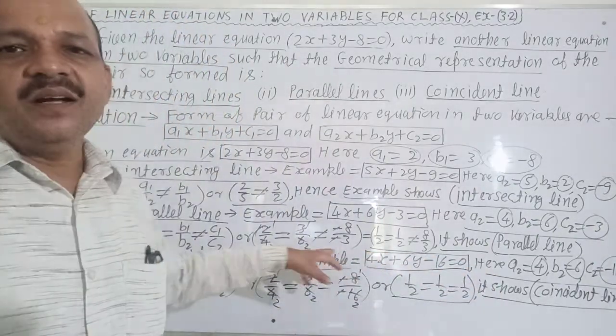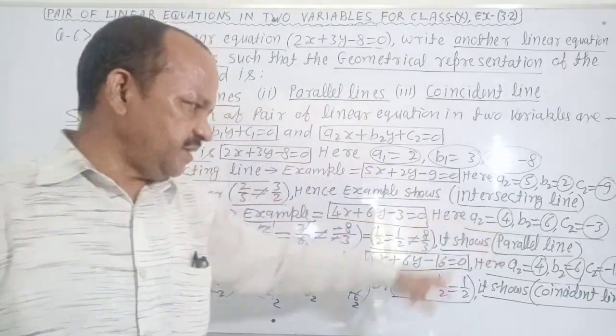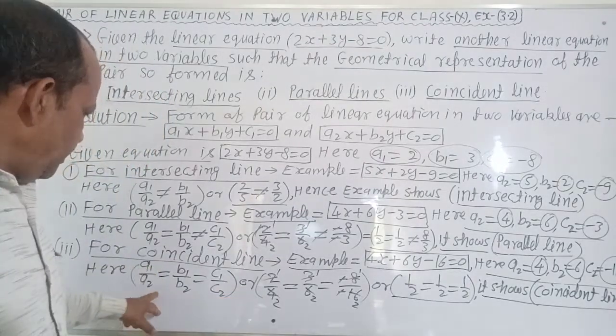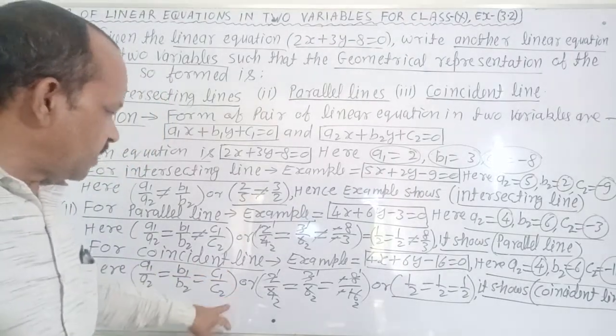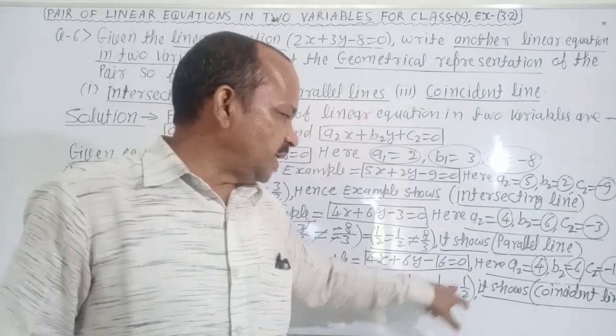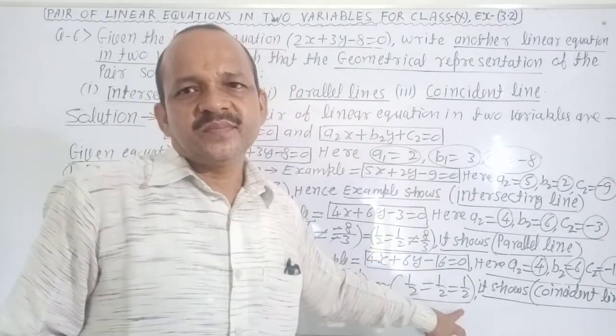It is clear? No confusion about it? Very good. In this way, here A1 by A2 equal to B1 by B2 equal to C1 by C2, or 1 by 2 equal to 1 by 2 equal to 1 by 2.